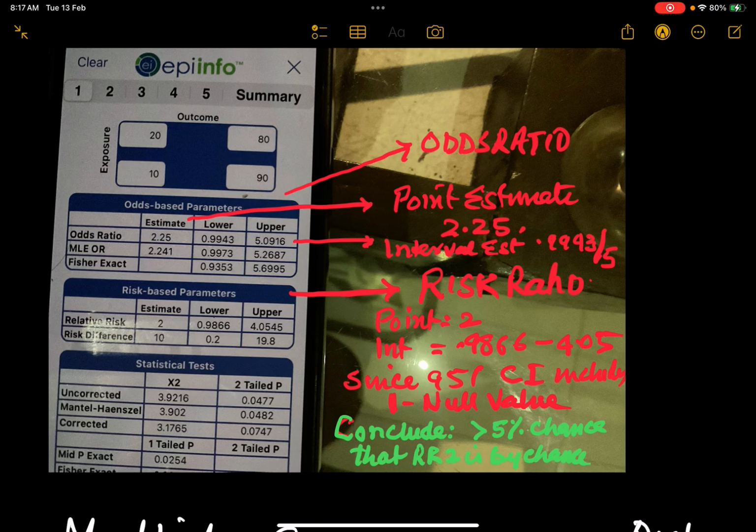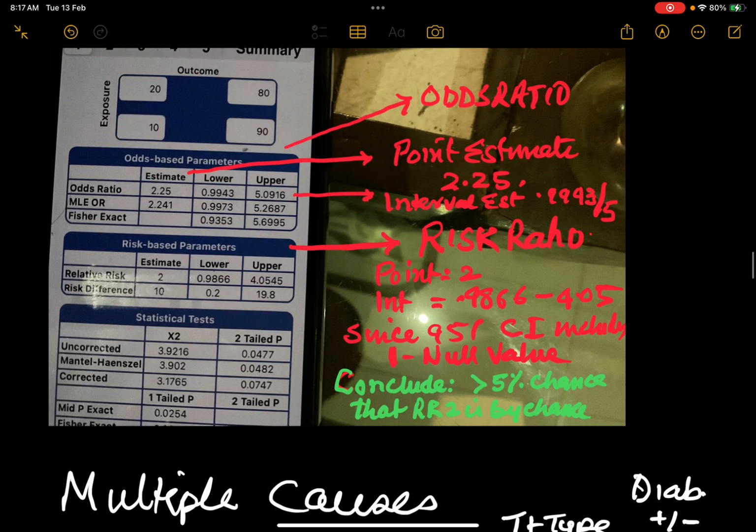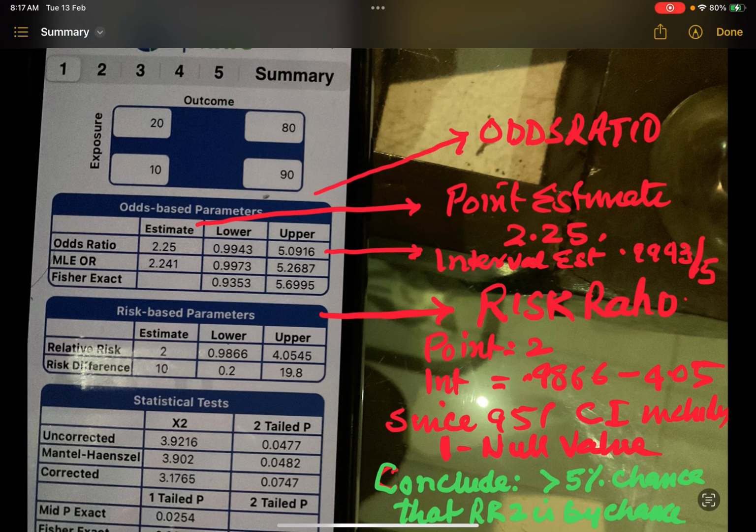Now since this interval contains that no association value, the conclusion is that there is greater than 5% chance that what I am seeing is by chance, that the relative risk of 2 in toilet negatives is by chance. So it would have been much more reliable if the interval would not have included 1. But of course, it's very, very near 1. So if we increase the sample size, this 0.98 will become more.